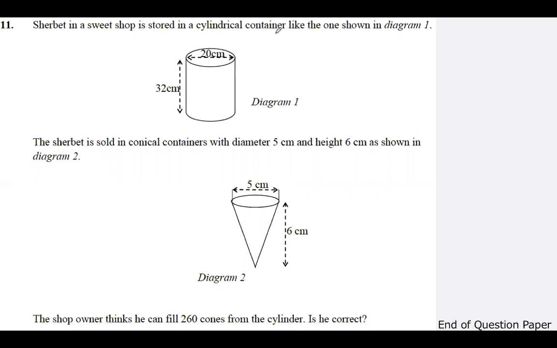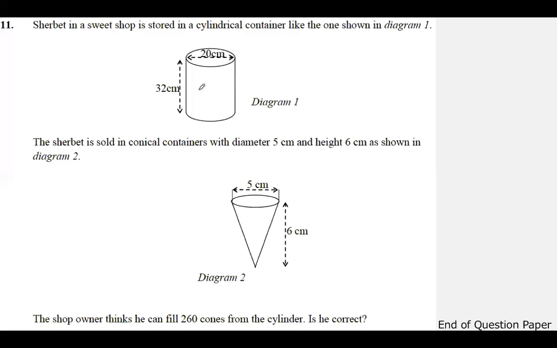Sherbet in a sweet shop is stored in a cylindrical container. The sherbet is sold in conical containers with diameter 5 centimeters and height 6 centimeters. The first thing is the shop owner thinks he can fill 260 cones.